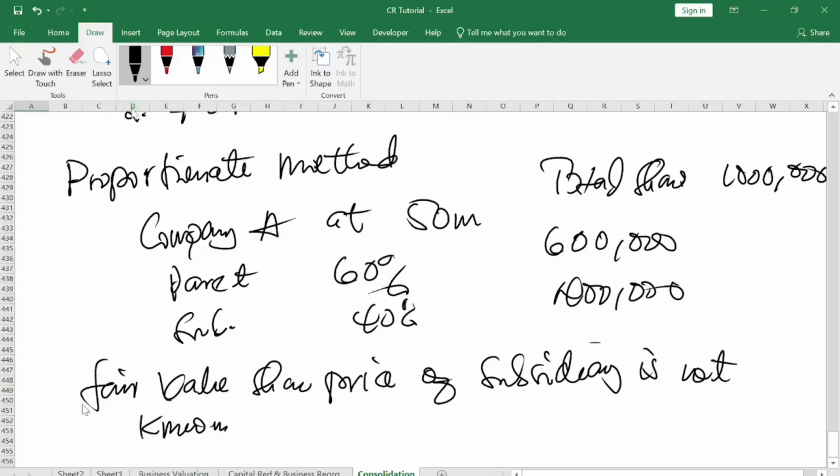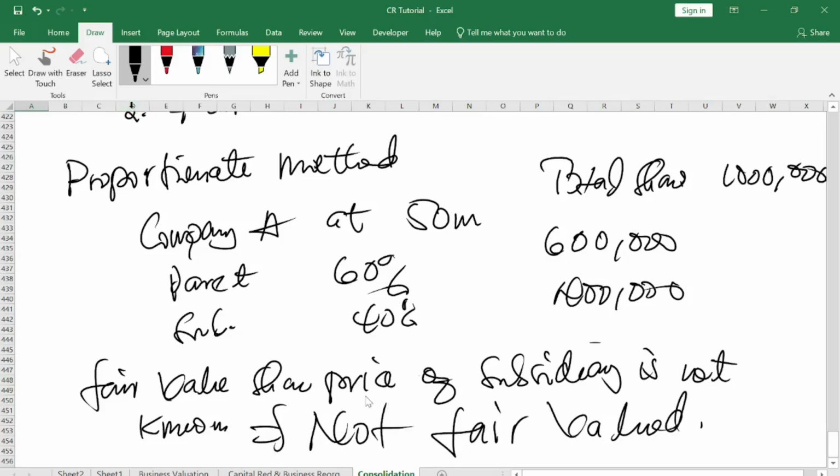If they didn't tell you the fair value unit share price of the subsidiary, it means that the subsidiary is not fair valued. If they don't state anything with regards to the subsidiary, it means the share price is not fair valued. That is when we use the proportionate method.